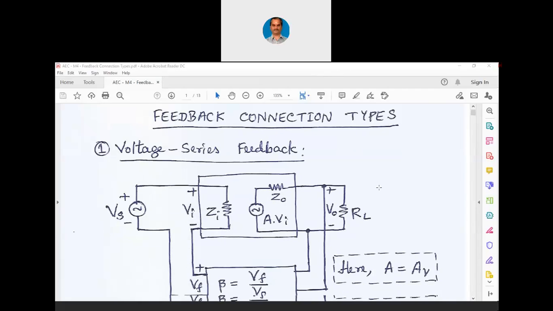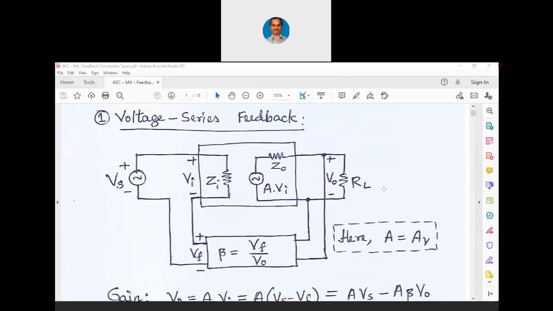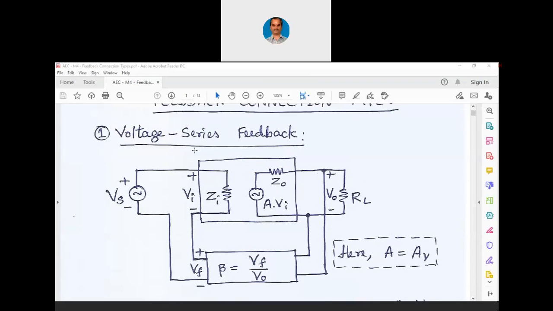So now, I am showing you the very first connection out of the 4 feedback connection types, that is voltage series feedback. You are already familiar with this diagram now, but let me make you more familiar by discussing a little more about how we wrote this amplifier here.